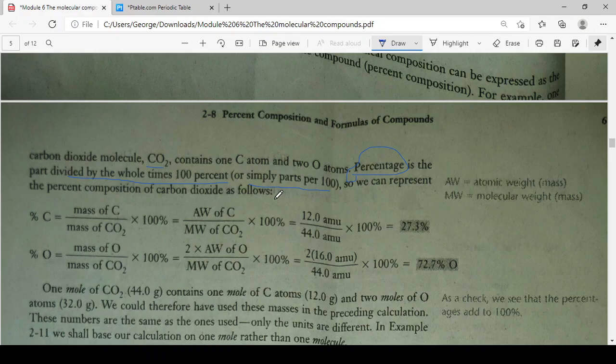But for carbon dioxide, in order to have the molecule, it is a combination of 2 different elements, so it is now called molecular weight. And next, you have to multiply it by 100.